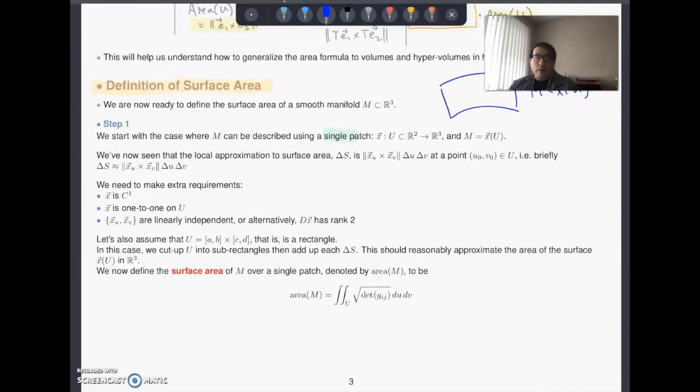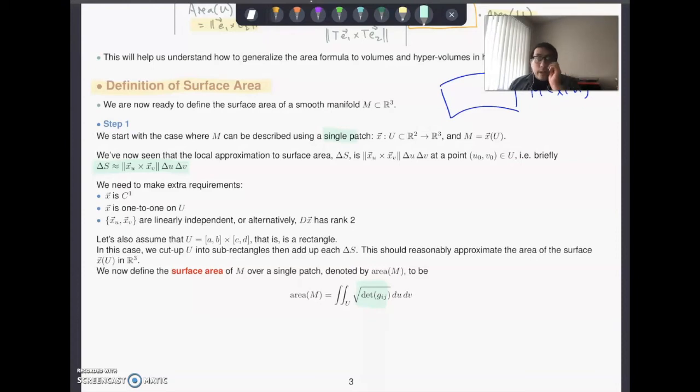All right, so if we do that, then at this point we just do a victory lap over our definitions. We saw that a little piece of area should reasonably be given by this calculation. And jumping forward a bit, we know that we have a different way to express the norm of that cross product. That is exactly this square root of the determinant, which is what we saw last time.